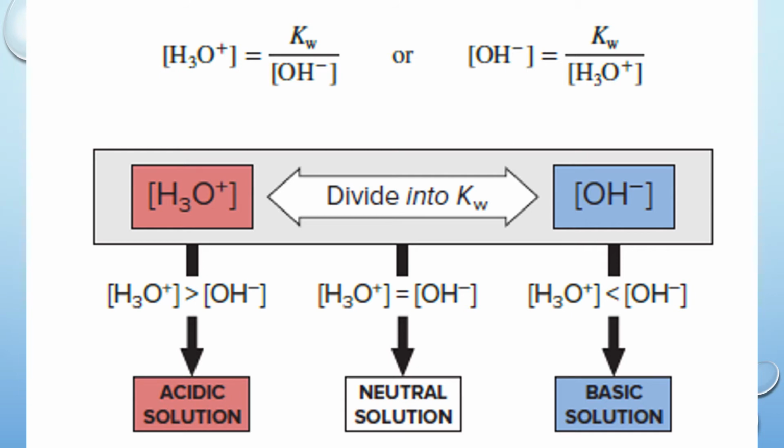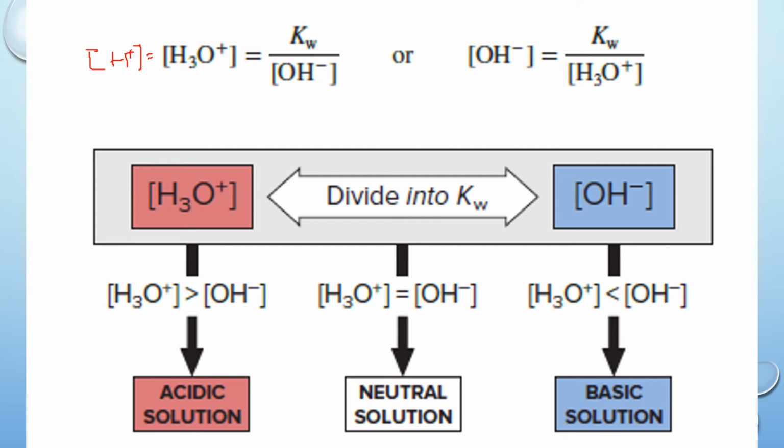This figure here summarizes what we just learned in the previous 2 slides. So if you want to calculate the concentration of hydronium ion or the proton, people normally write the hydronium ion as this proton, so they are the same thing.